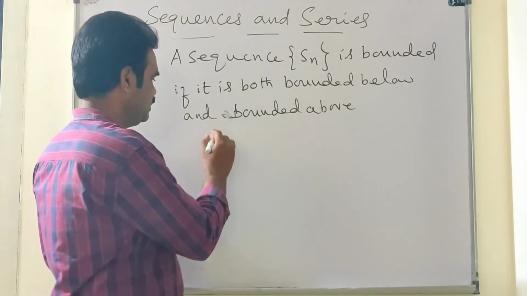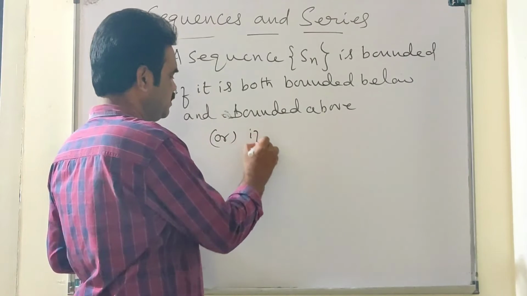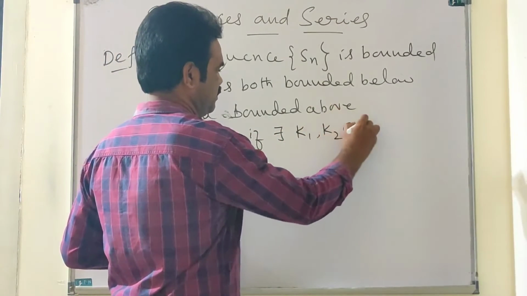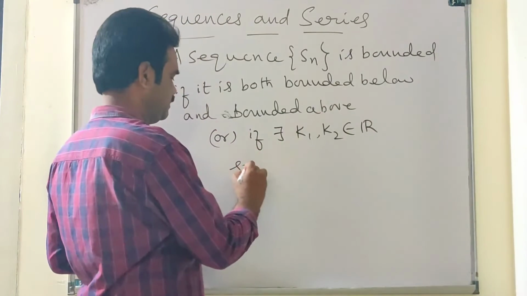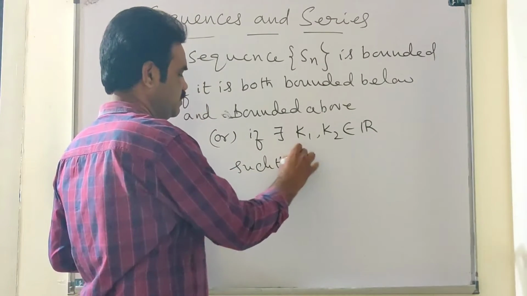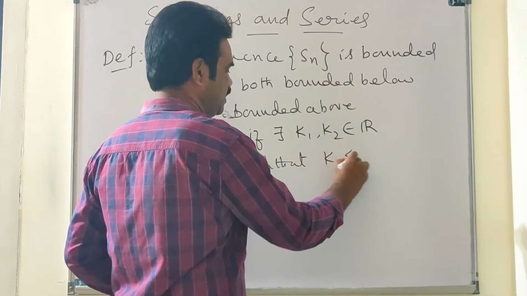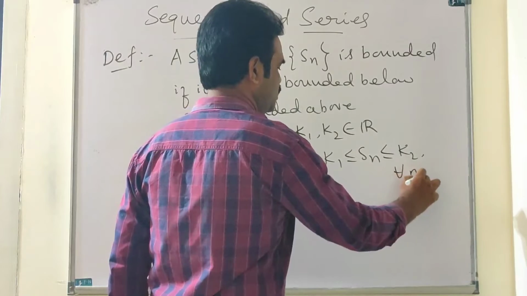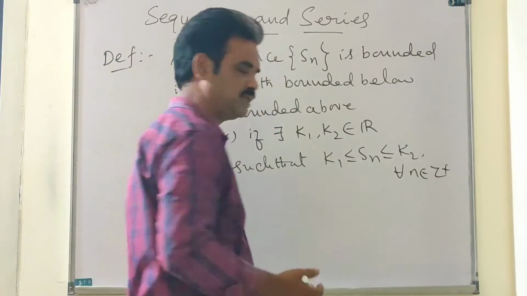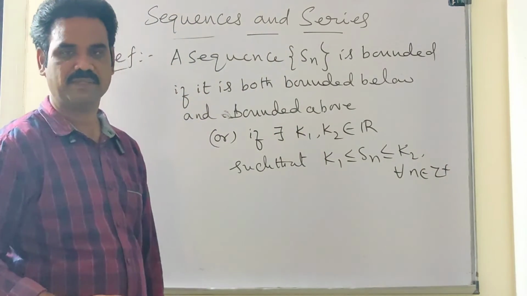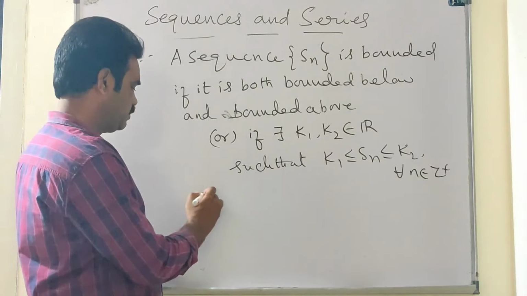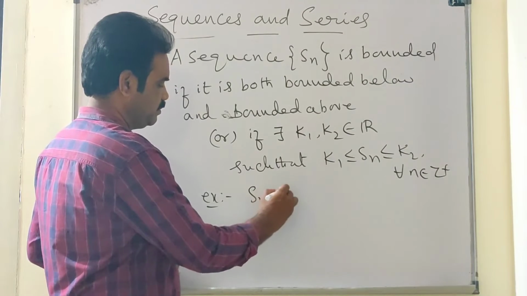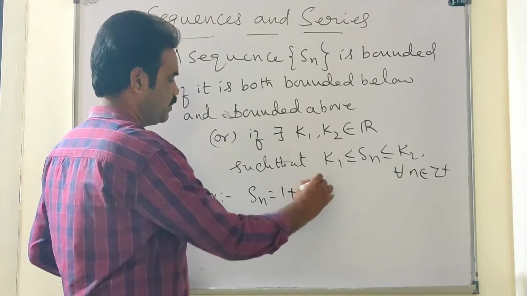Or if there exist some real numbers k1, k2 such that k1 less than or equal to Sn less than or equal to k2 for all n belongs to Z plus, then we say that Sn is a bounded sequence. Say an example of a bounded sequence: Sn equal to 1 plus minus 1 whole power n.